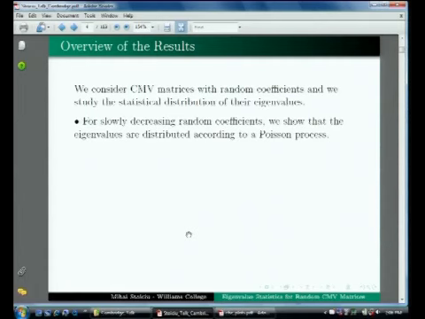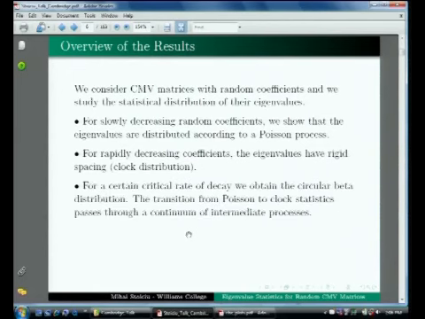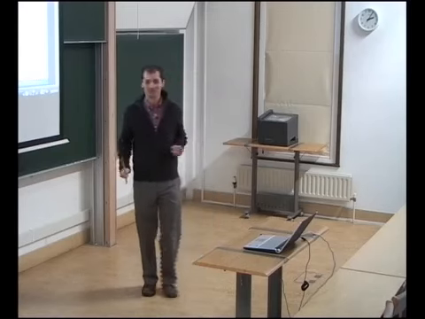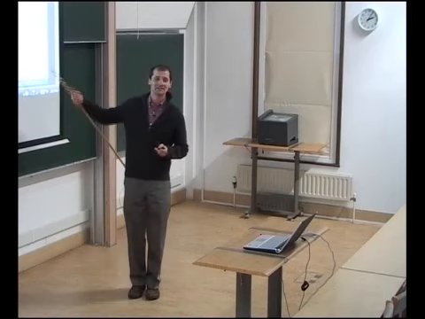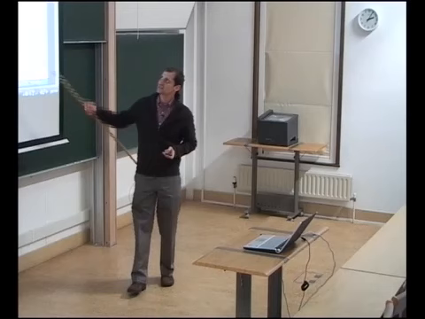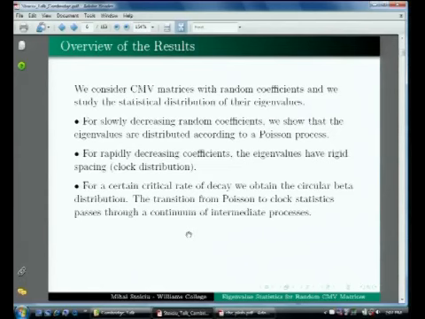Let me explain. For slowly decreasing random coefficients, we show that the eigenvalues are distributed according to a Poisson process. For rapidly decreasing coefficients, the eigenvalues have rigid spacing, a clock distribution. I'm trying to advertise, so that you follow me when I define the CMV matrices.